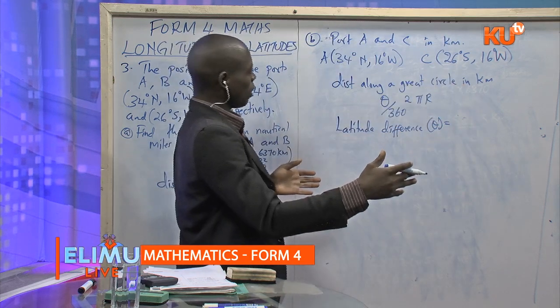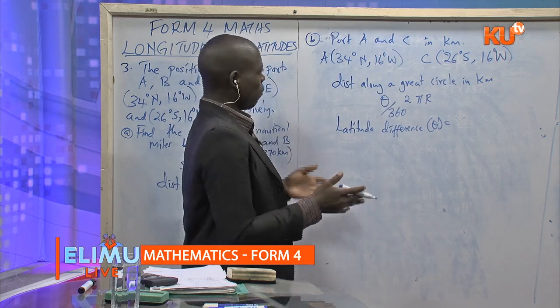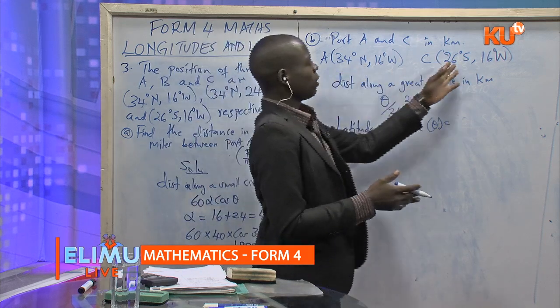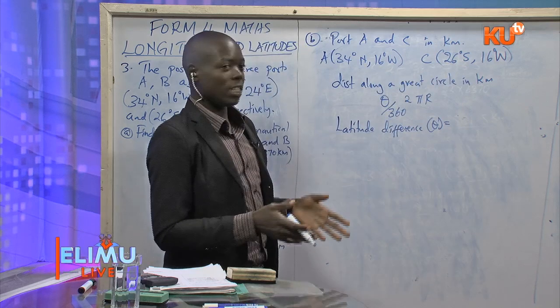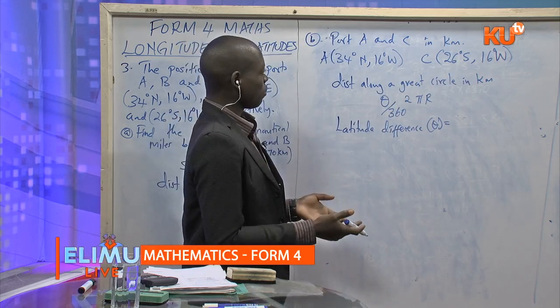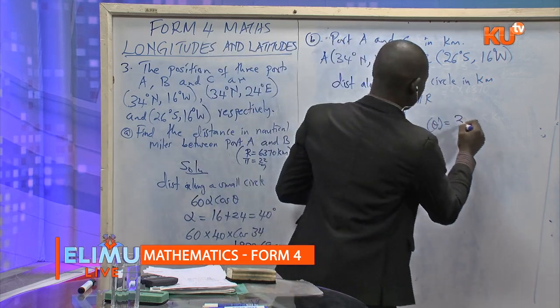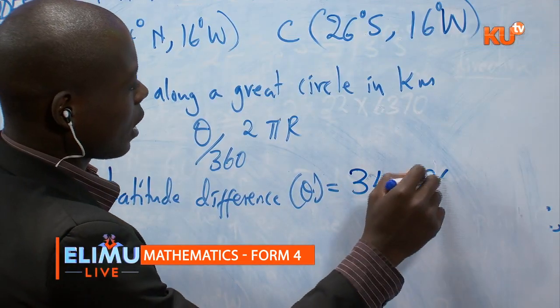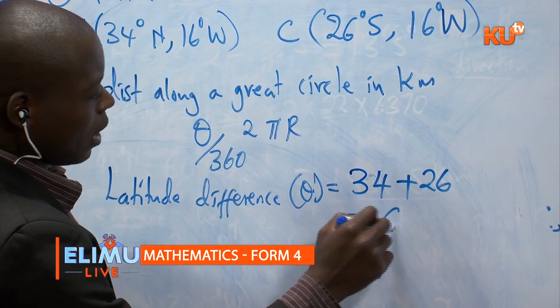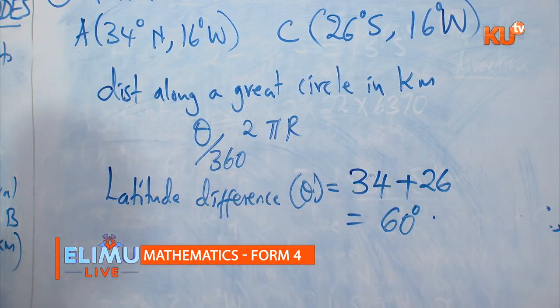They are on the opposite sides of the equator, so you add. If we had 34 degrees north and 26 degrees north, then they will be on the same side of the equator, so we shall have to subtract. For this case, we are supposed to add because they are on the opposite sides. So we'll say 34 degrees, we add 26 degrees. And if you add correctly, that is 60 degrees.